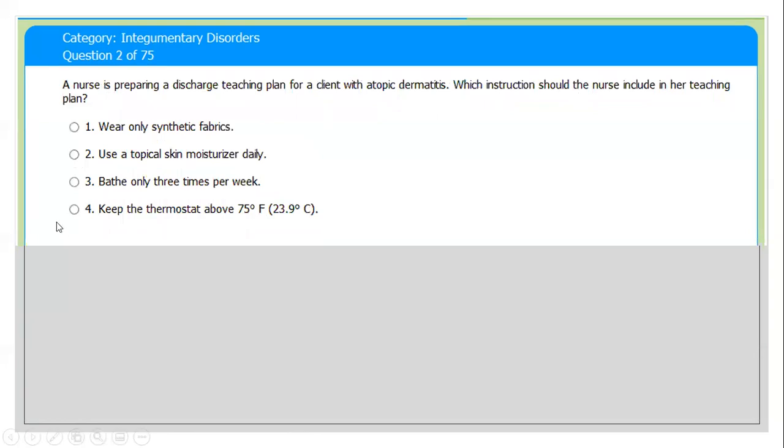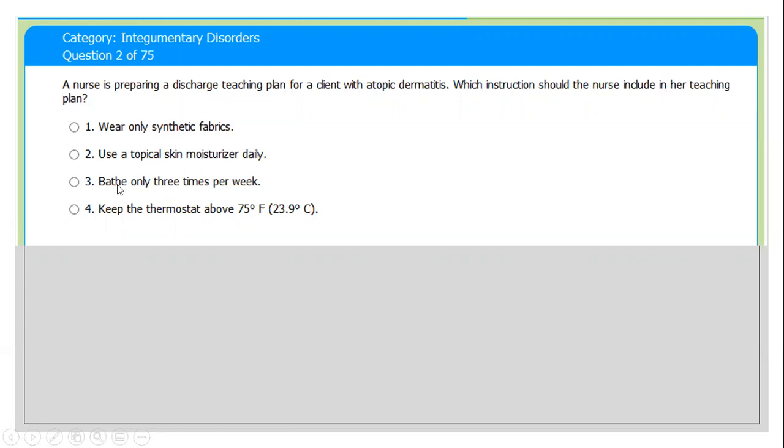So next question. A nurse is preparing a discharge teaching plan for a client with atopic dermatitis. Which instructions should the nurse include in her teaching plan? Number one, wear only synthetic fabrics. Number two, use a topical skin moisturizer daily.